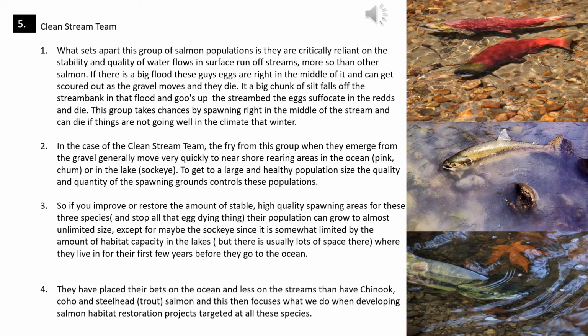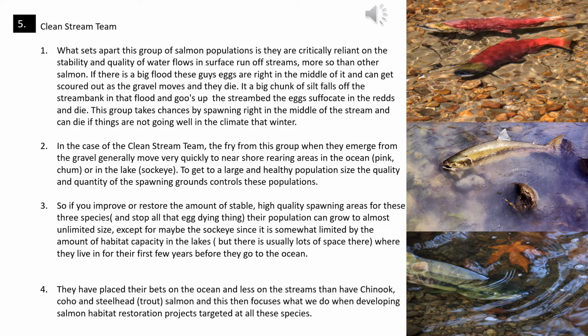So in the case of the clean stream team, the fry from this group, when they emerge from the gravel, generally move very quickly to open water rearing areas in the ocean, pink and chum particularly, or in the lake, sockeye. So to get a large and healthy population size of these groups, the quality and quantity of the spawning ground controls these populations.